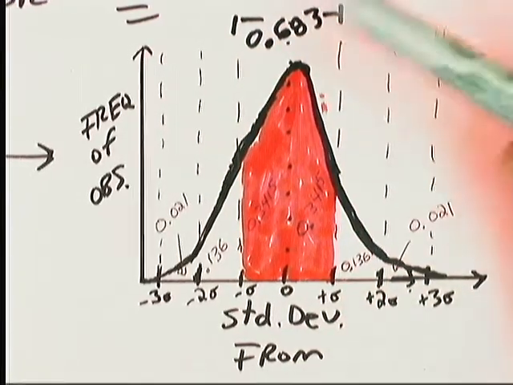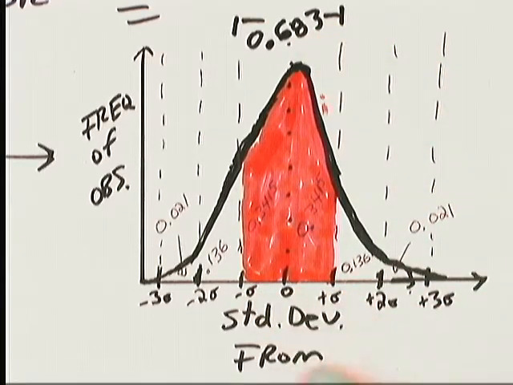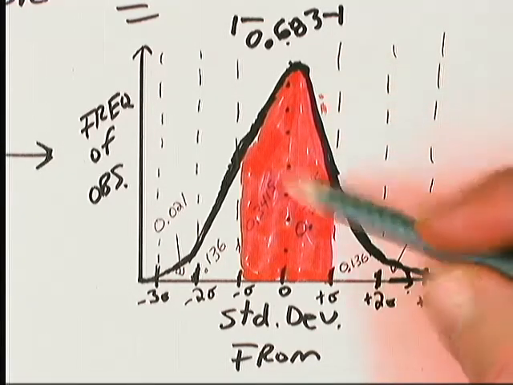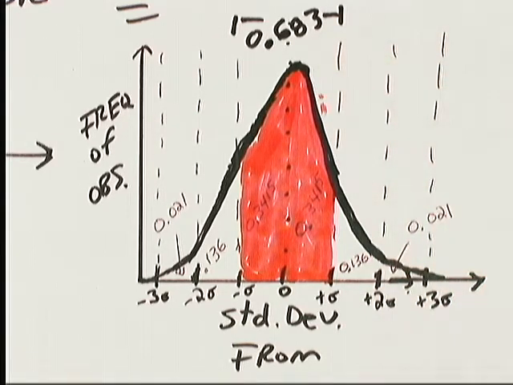So 68.3% of data should lie in that range bounded by plus or minus 1 standard deviation. And that's true for the Gaussian distribution. Very significant, because we can start making probability statements of whether or not a data point should be in there. It's about 68% likely, right?